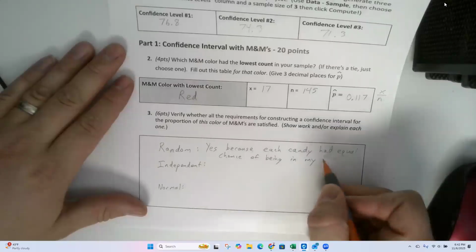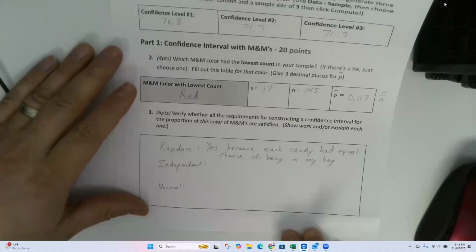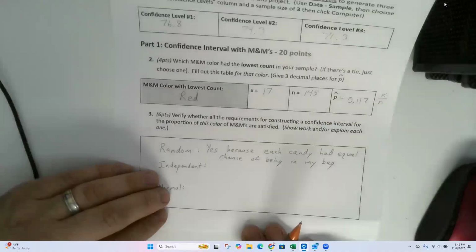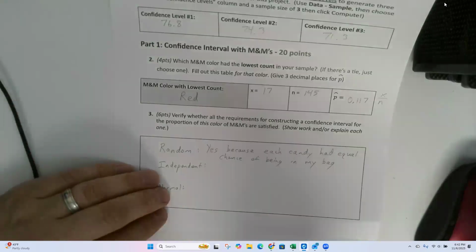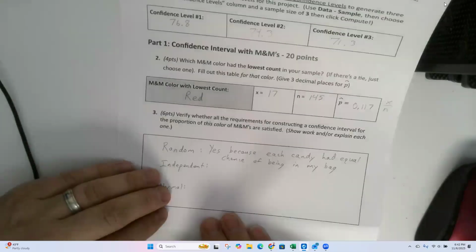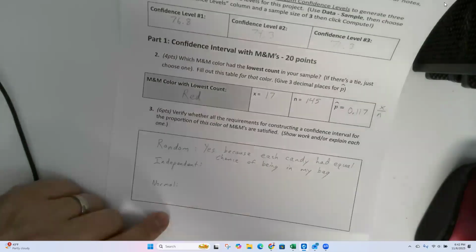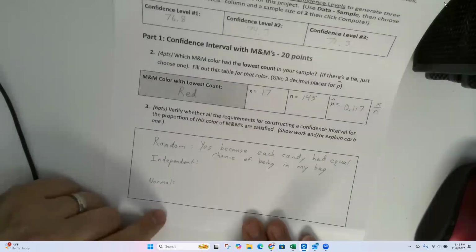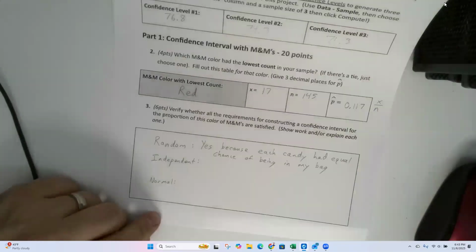As long as everything in the population has equal chance of ending up in the sample, then that is a random sample. I don't think anyone went out and was picking and choosing the M&Ms themselves to put in your bag. You just purchased a bag that was already mixed for you.